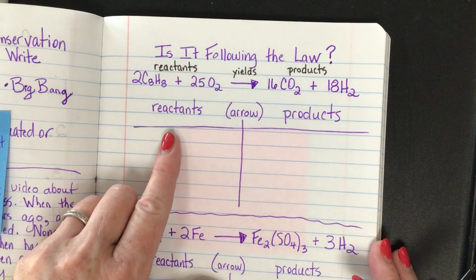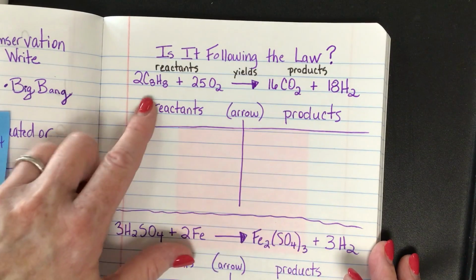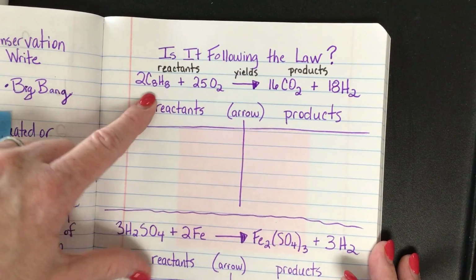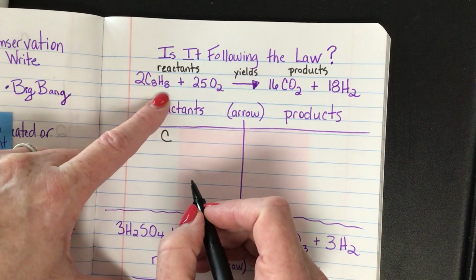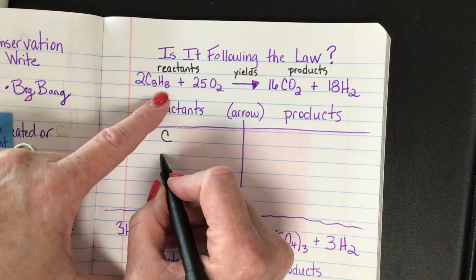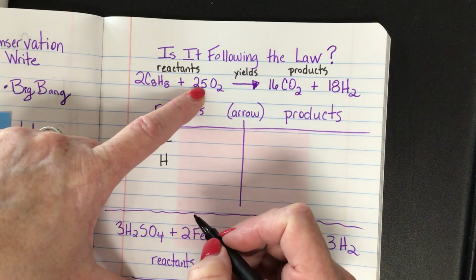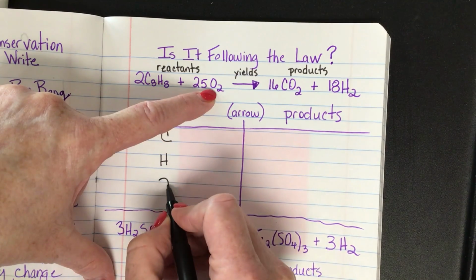So we have the reactants, we have the arrow, we have the products. Let's look at the reactant side. I see we have carbon. Let's move over. We have hydrogen. And that's a 25, not an S. And then we have oxygen.